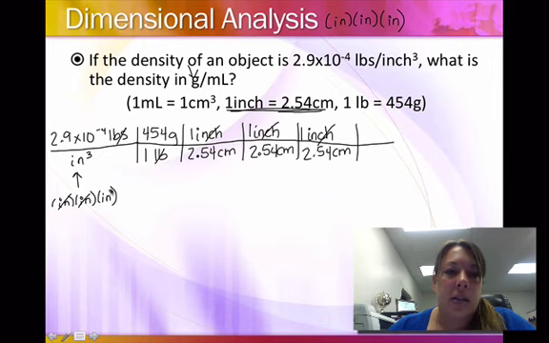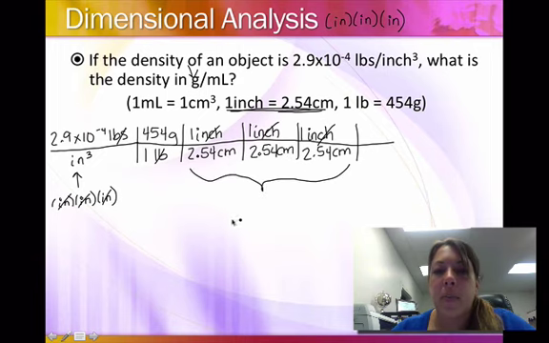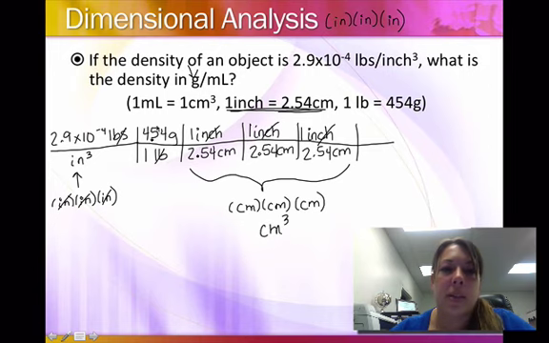So that inch gets rid of that inch. This is good because now I have 1, 2, 3 centimeters all here. And if I multiply those 3 centimeters together, I'm going to end up with cubic centimeters, just like I had cubic inches. So this is really the cubic centimeters, which means I can use this conversion factor, and that will take me from cubic centimeters into milliliters.